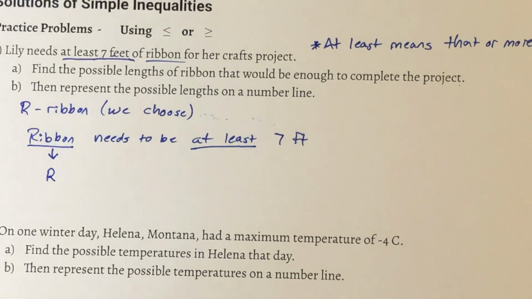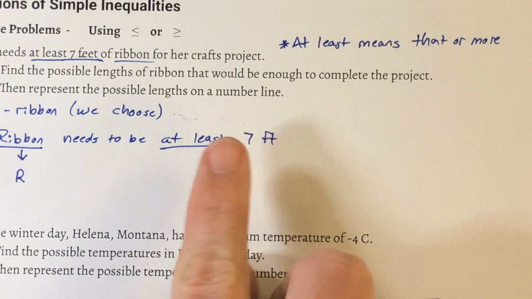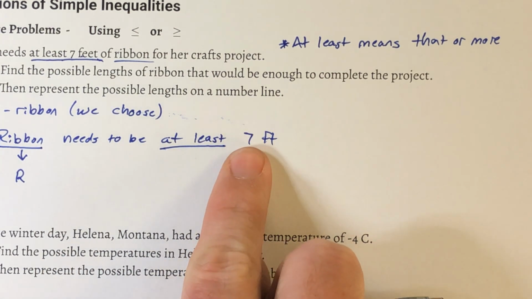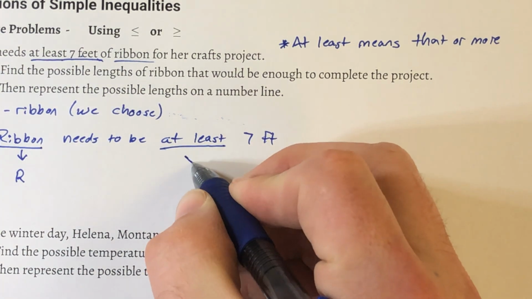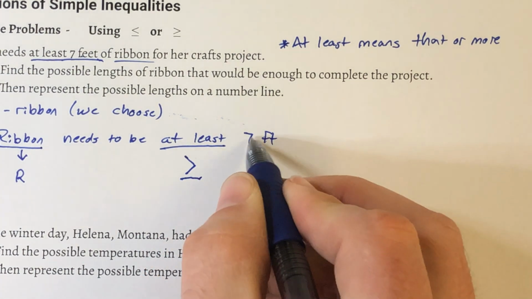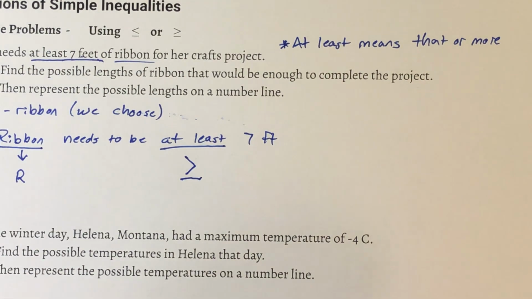So again, at least means that number or more, meaning it could be equal to that, but it could be bigger than that. So that means we're going to go with the greater than or equal to. So it could be equal to 7 feet, or it could be more than 7 feet. She just needs at least 7 feet.